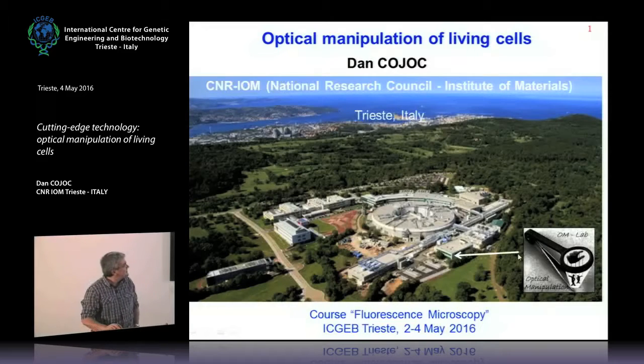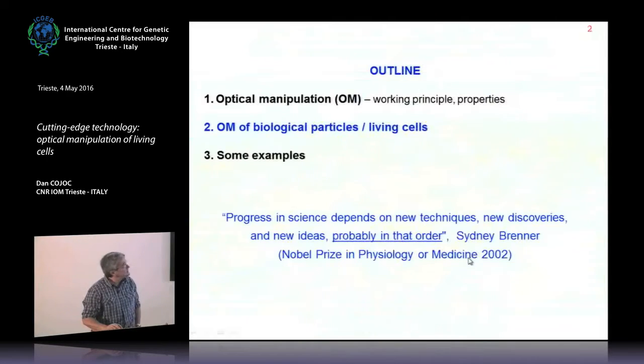Okay. So after the beautiful lesson you have heard, we will continue with optical manipulation, but in a different way, so with the use of light, but basically the use of radiation pressure of light to trap in 3D and manipulate particles.